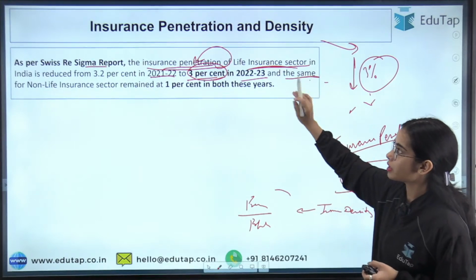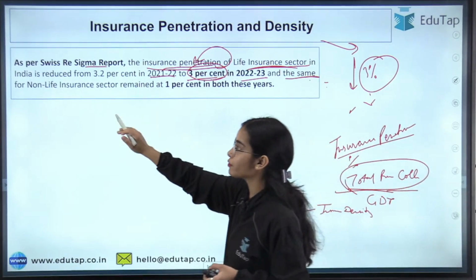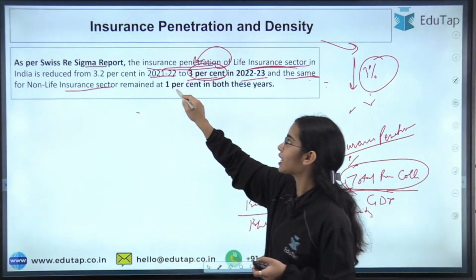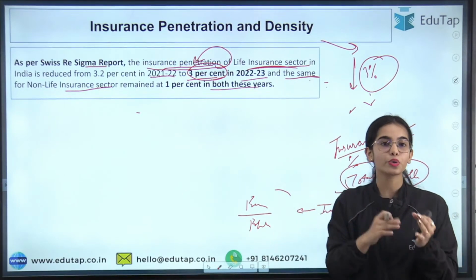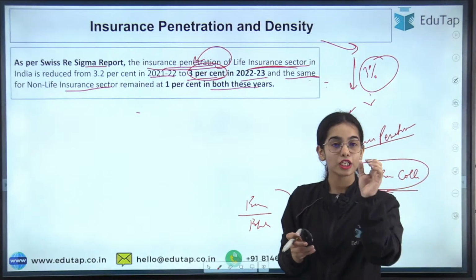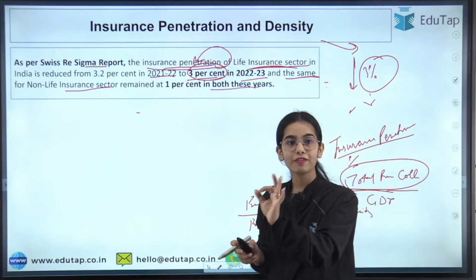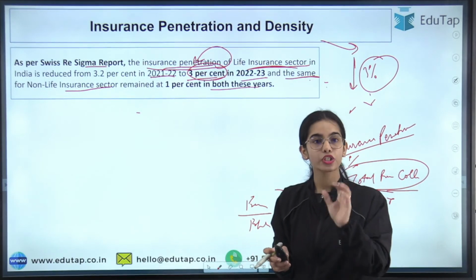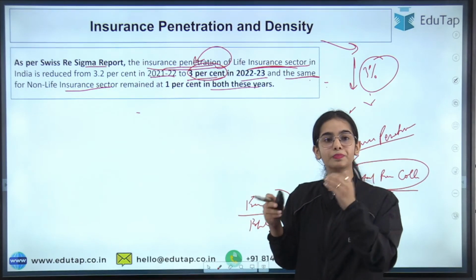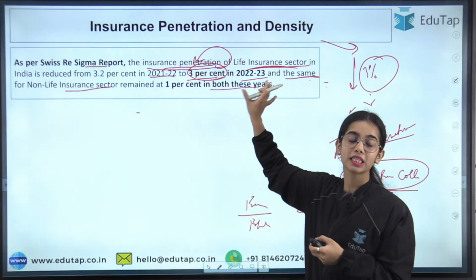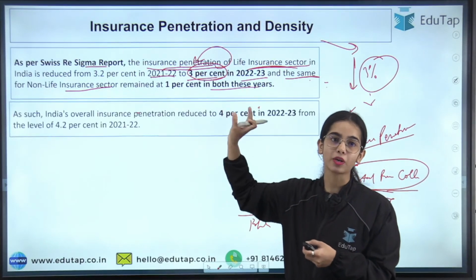And the insurance penetration for the non-life insurance sector remained at 1% in both these years, 2021-22 and 2022-23. So the life insurance penetration has decreased, while the non-life insurance penetration has remained at 1%.